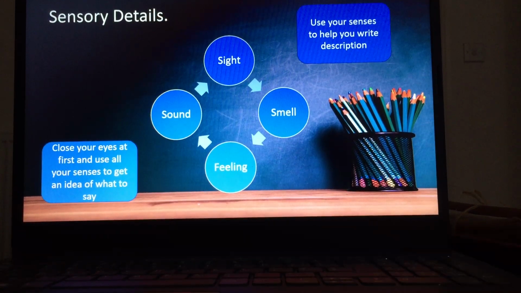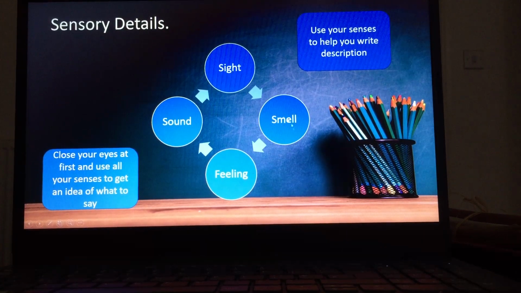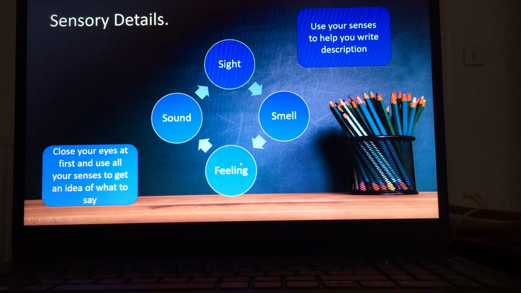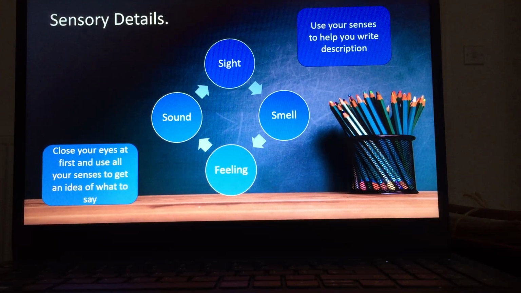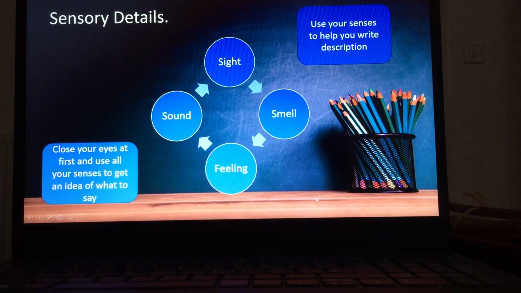Sight. What would you want your reader to see, smell? Feeling. How would you want them to feel about your character or your place you are describing? And the sound. What would they hear?